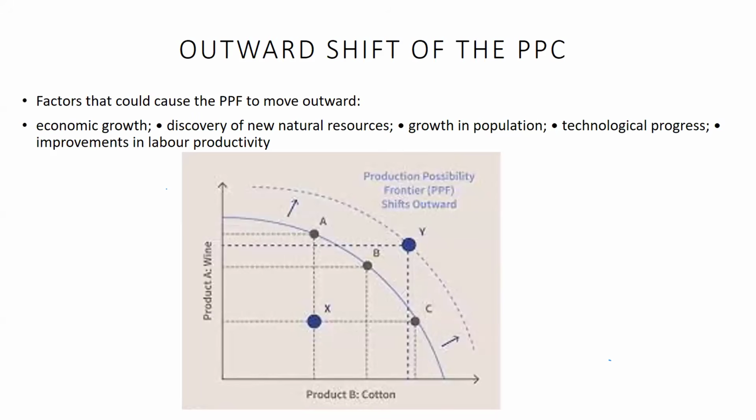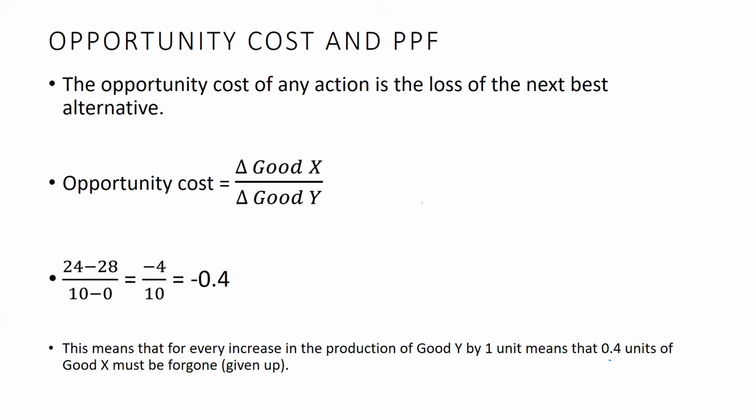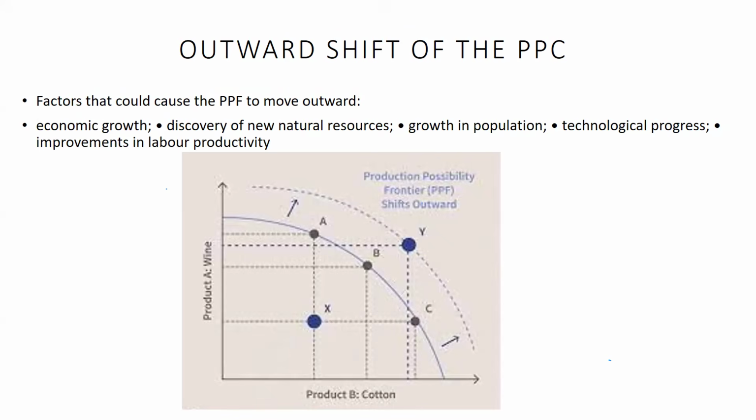Now, things could cause your PPF curve to shift forward or back, right? It could shift outward or inward. For all of economics, I'm going to tell you this one time, for every curve, more means outwards or to the right.